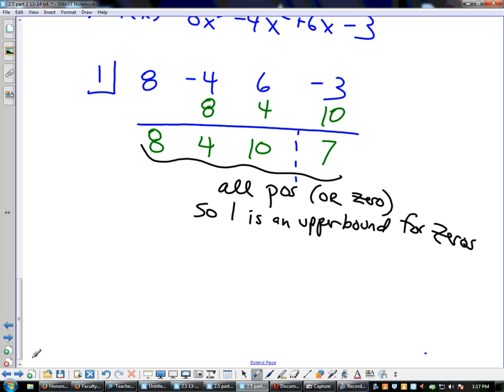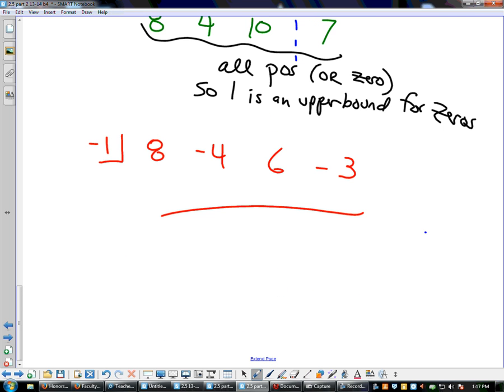What about testing negative 1 to see if that's a lower bound? So if I put negative 1 in the box, and I'm going to divide, with 8, negative 4, 6, negative 3 again are my numbers. I bring down the 8, multiply, I get negative 8, add, I get negative 12, multiply, I get positive 12, add, I get 18, multiply, I get negative 18, add, I get negative 21.